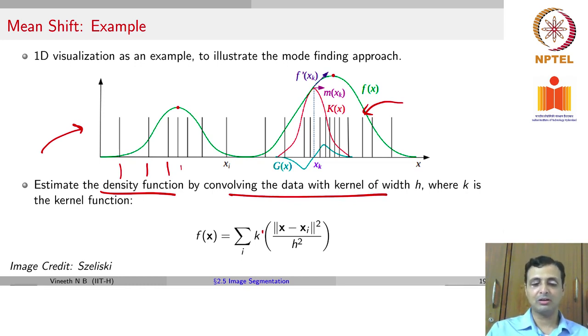Let's assume that you have a kernel k, so you could do it as a falling off function where h is the width and you have x minus xi to be your quadratic function that you're falling off over. So convolving your observations with this kernel will give you an estimate of your original f function that your observations were coming from.